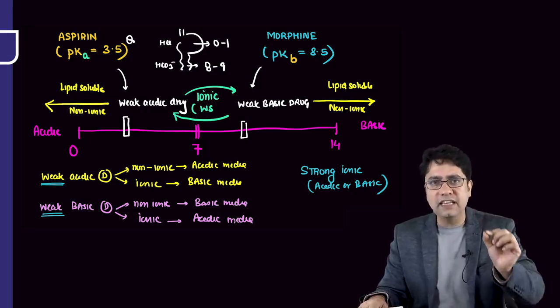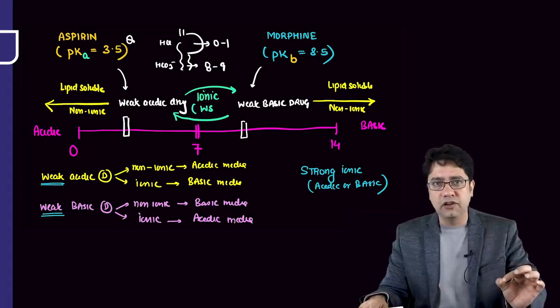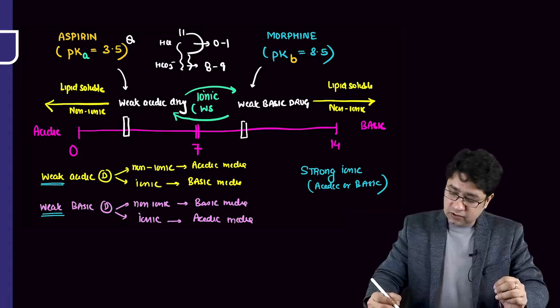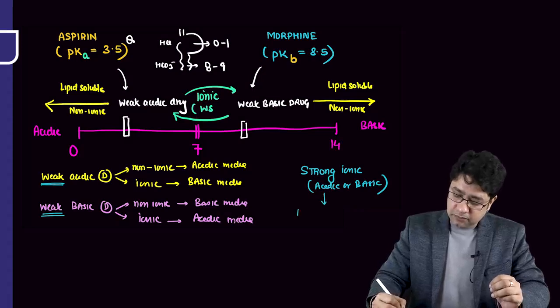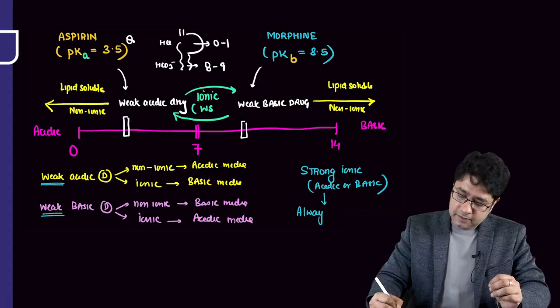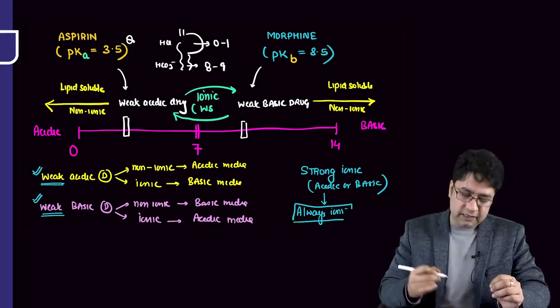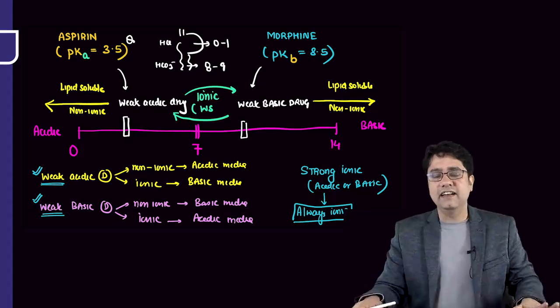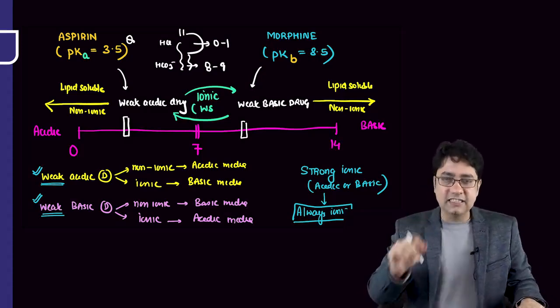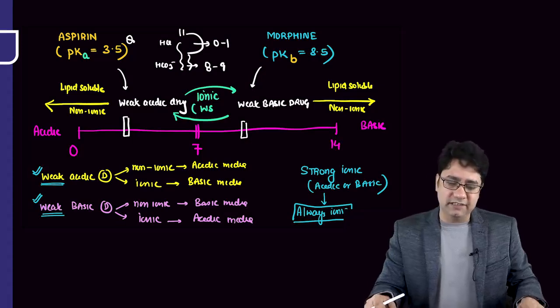They always remain water soluble or ionic. So they are not influenced by the pH of media. In any media, they always remain ionic. So this lipid solubility and water solubility changes only with weak acidic and weak basic drugs. That is why the pK value becomes important.